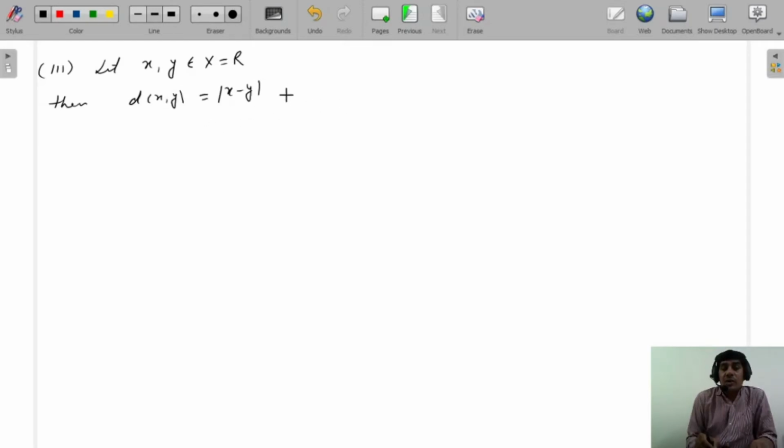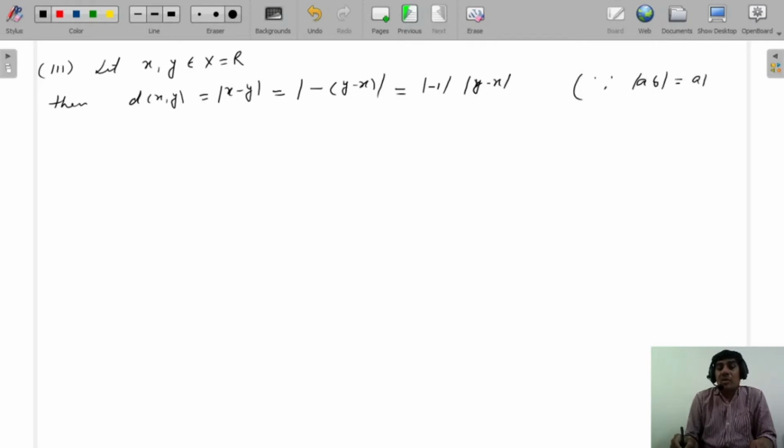We can write it as modulus of minus (y minus x), which is equal to modulus of minus 1 into modulus of y minus x, because we know that modulus of a into b is always equal to modulus of a into modulus of b. So in this case, minus 1 into y minus x.